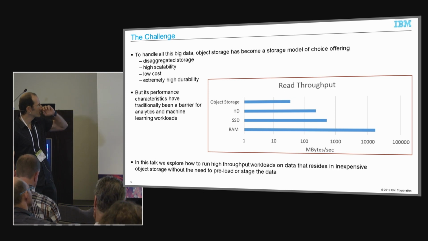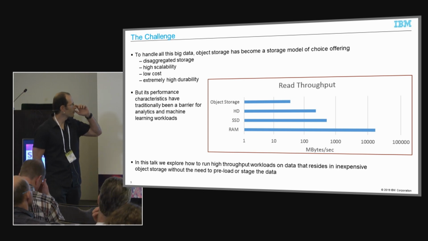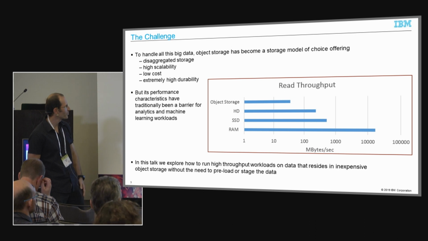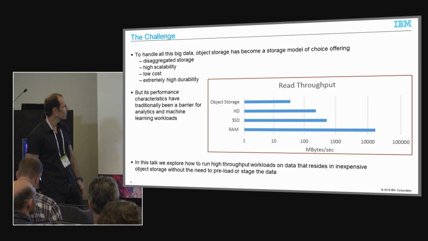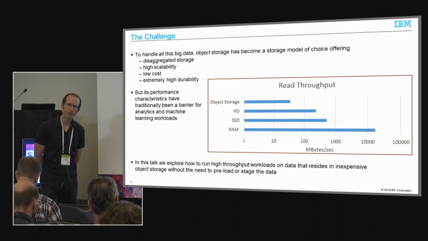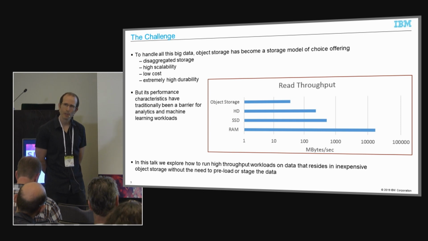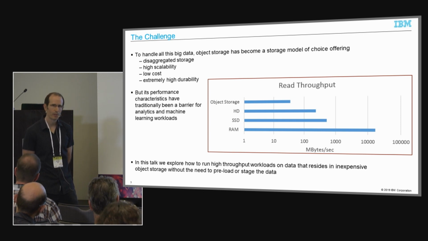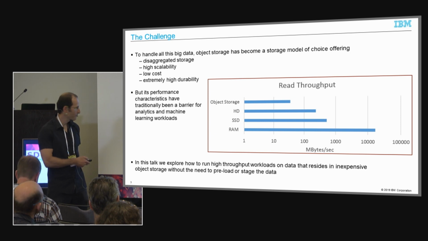There are some numbers here that we benchmarked. You can see object storage is about an order of magnitude slower than a hard drive, and about 3 orders of magnitude slower than RAM. In the rest of this talk, I'm going to describe how we ended up using object storage, however, to provide a high throughput machine learning environment.